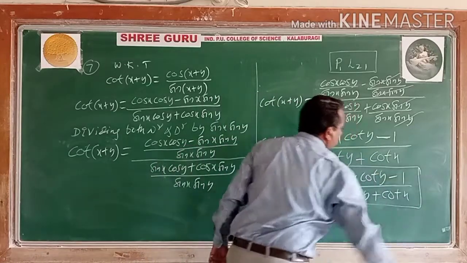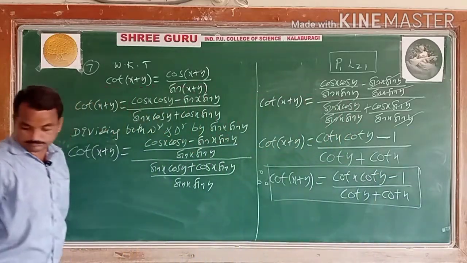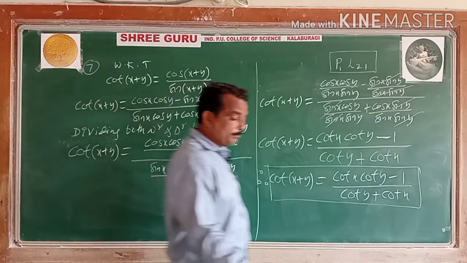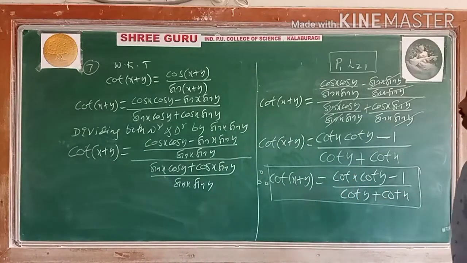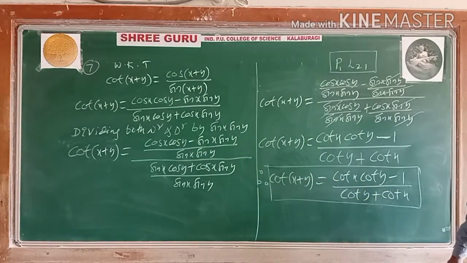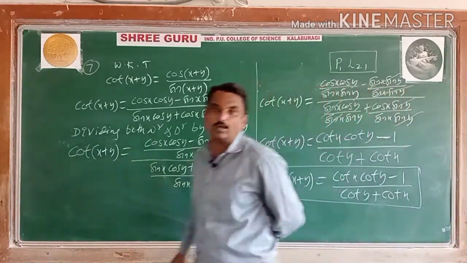You should remember all the formulas, students. These are all formulas you should remember, important for the point of examination, while calculating the examples you need all these formulas. Cot of x plus y is equal to cot x cot y minus 1 divided by cot of y plus cot of x.